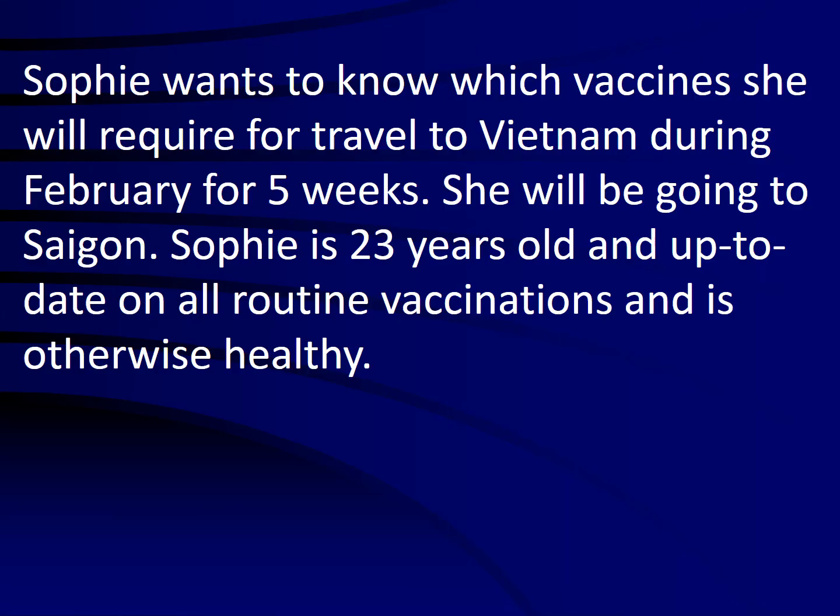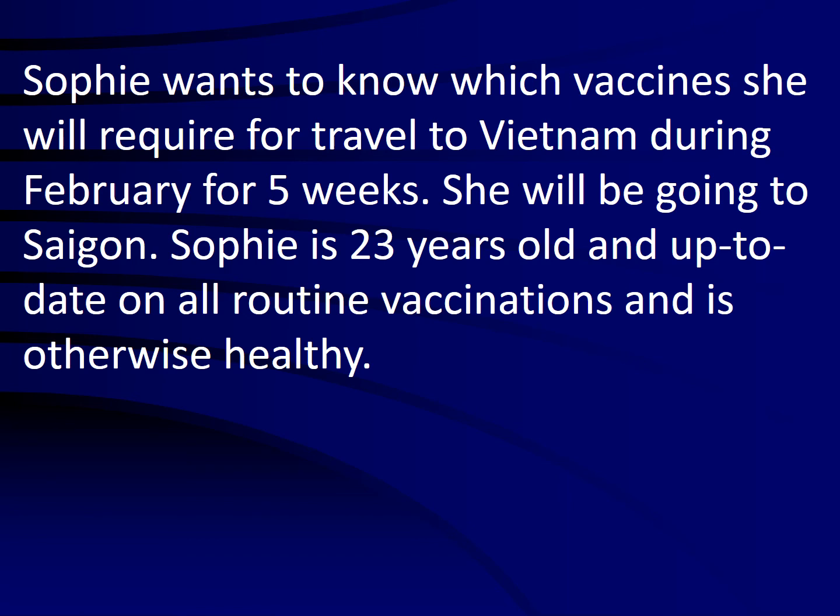So here's an example of how I would use the CDC website for travel vaccine information. Sophie wants to know which vaccines are required for travel to Vietnam during February for 5 weeks. She will be going to Saigon. Sophie's 23 years old and up to date on all routine vaccinations and is otherwise healthy.